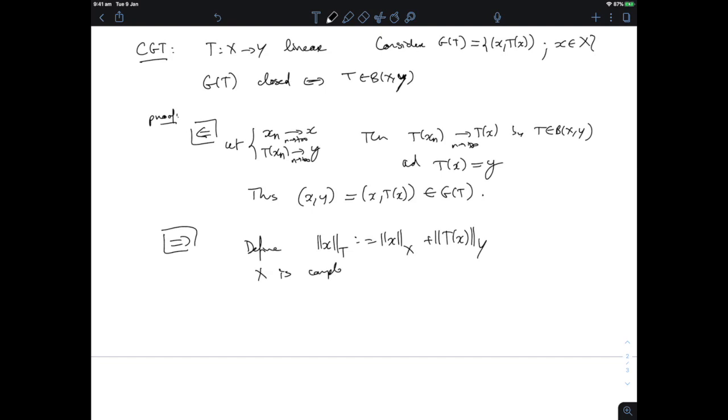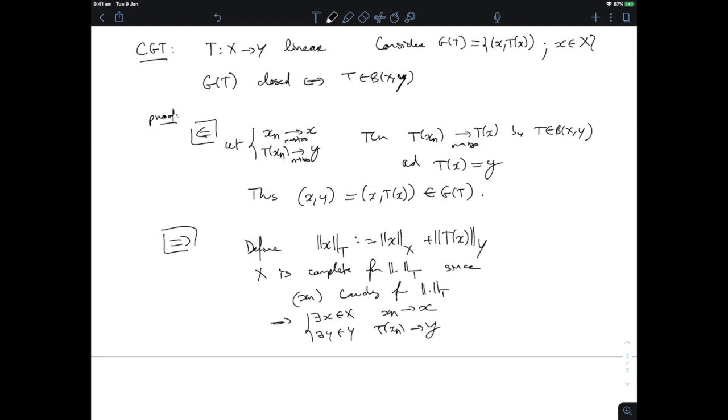X is complete for the T norm because if you're Cauchy with respect to the T norm, then in particular you're Cauchy with respect to the X norm, and therefore you have to converge. So x_n Cauchy for this norm implies that there exists an x in X such that x_n goes to x, and there exists a y in Y such that T(x_n) goes to y.